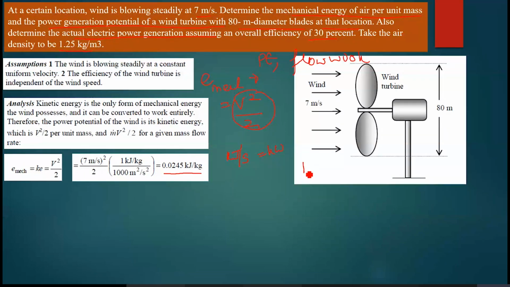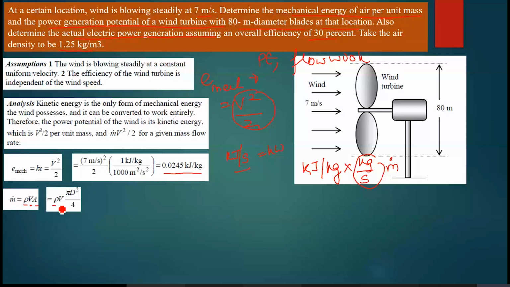And if you have energy in kilojoules per kg and you want to convert it into kilojoules per second, you have to multiply it with what? Kg per second, which is essentially mass flow rate. The mass flow rate is density multiplied by velocity multiplied by the cross-sectional area.